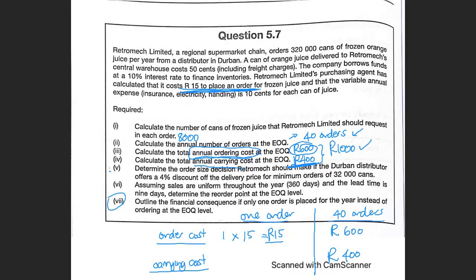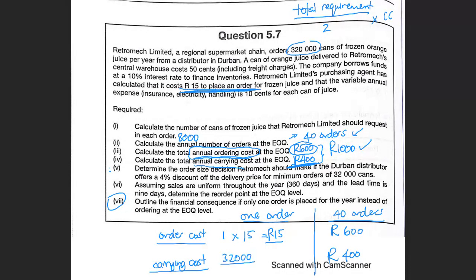Remember, to calculate the carrying cost, the first thing that we need to do is take your total demand for the year or your total requirement for the year and divide it by 2. Average it out and then multiply it by the carrying cost or the holding cost. So the total requirement for the year here is 320,000.